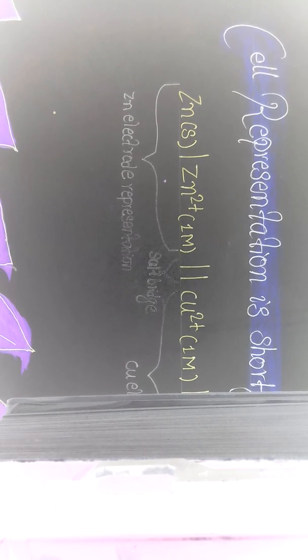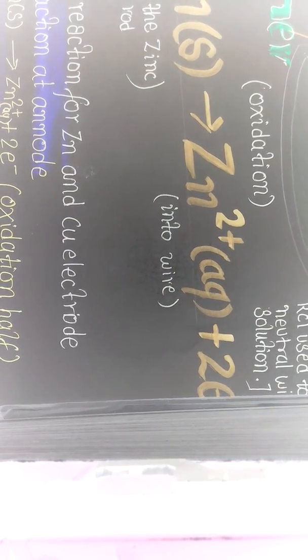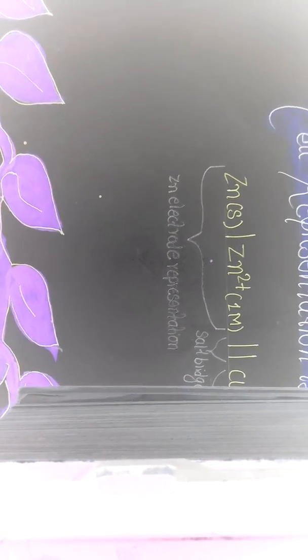This part, Zn solid, one vertical line, Zn2+ 1 molar solution, shows the reaction at the anode, that is the zinc electrode.